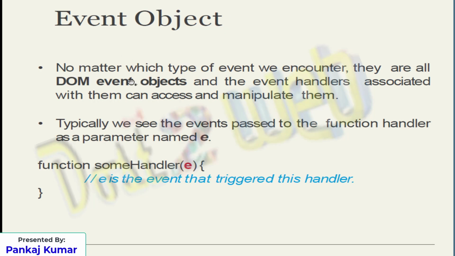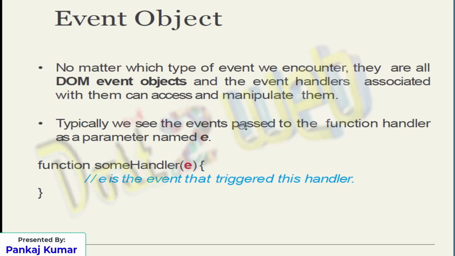Next, about the event object. No matter which types of event you are going to encounter, all DOM object events and the event handlers associated with them can be accessed and also manipulated.